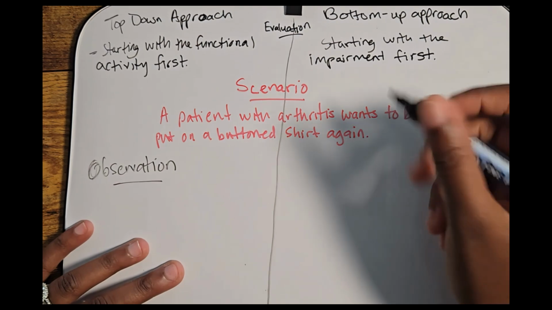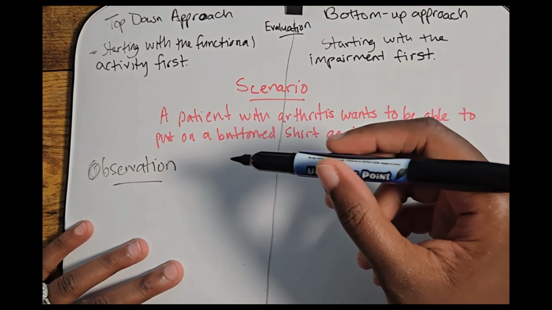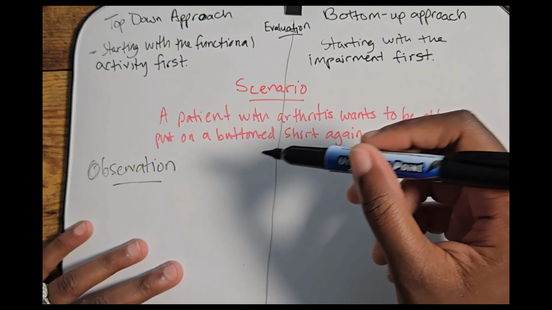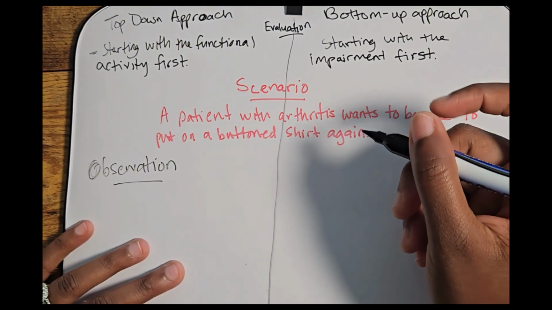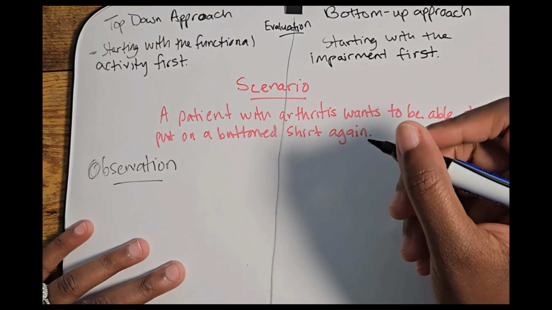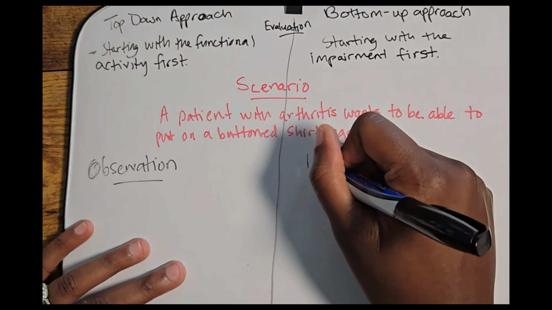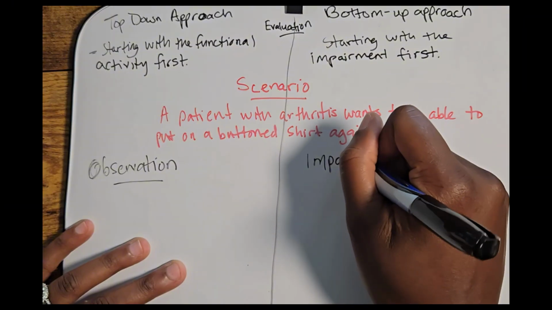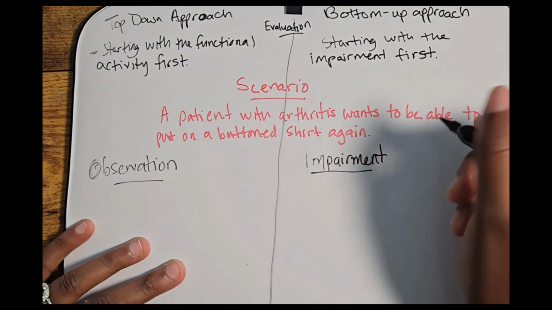But pertaining to bottom up approach, instead of just doing observation, our focus is going to be to note the impairment. We're going to look at the impairment. And what would the impairment be?